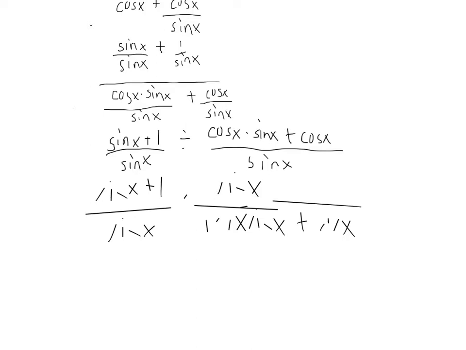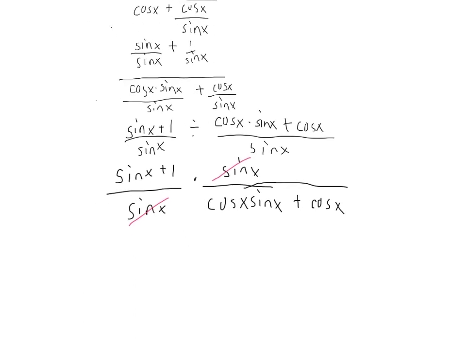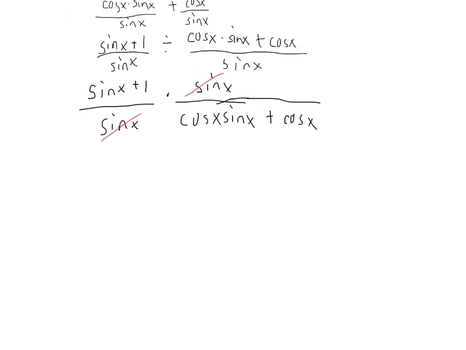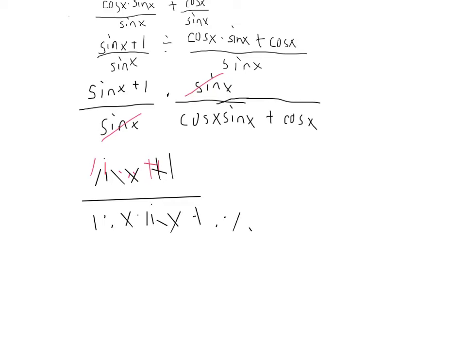So the sines of x cancel out, and we are left with sine of x plus 1 divided by cosine of x times sine of x plus cosine of x.